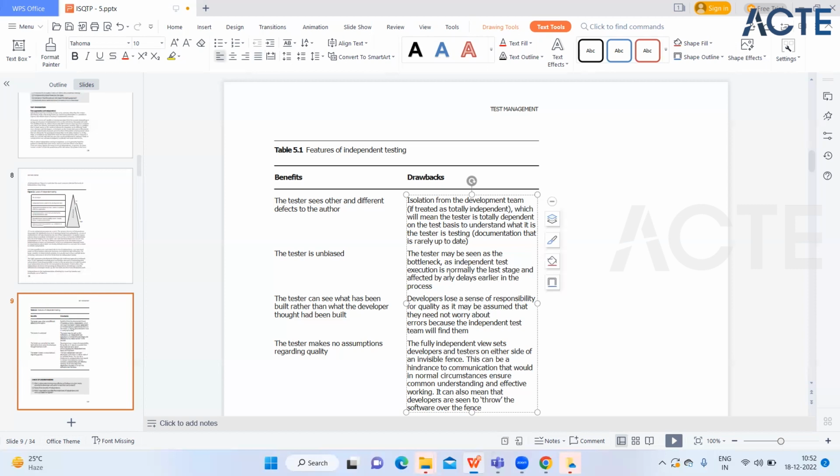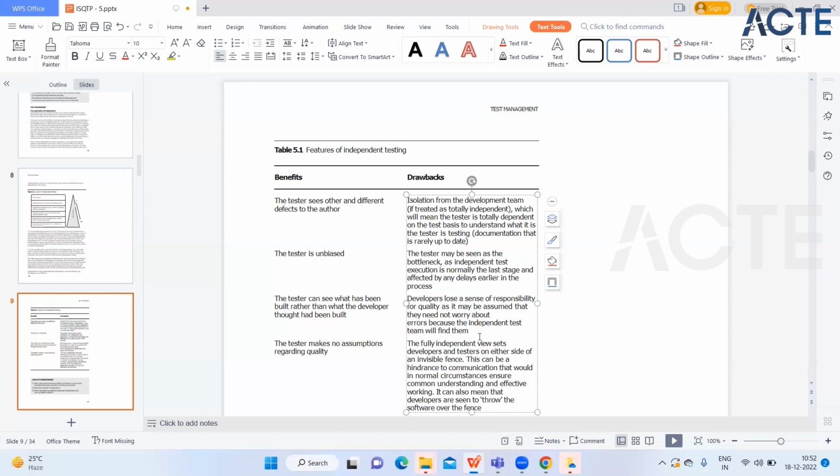So the tester may be seen as a bottleneck: if any kind of issue occurs, then everyone will blame you because you have tested it independently. Okay. Developers lose a sense of responsibility for quality, as it may be assumed that they need not worry about errors because the independent test team will find them.